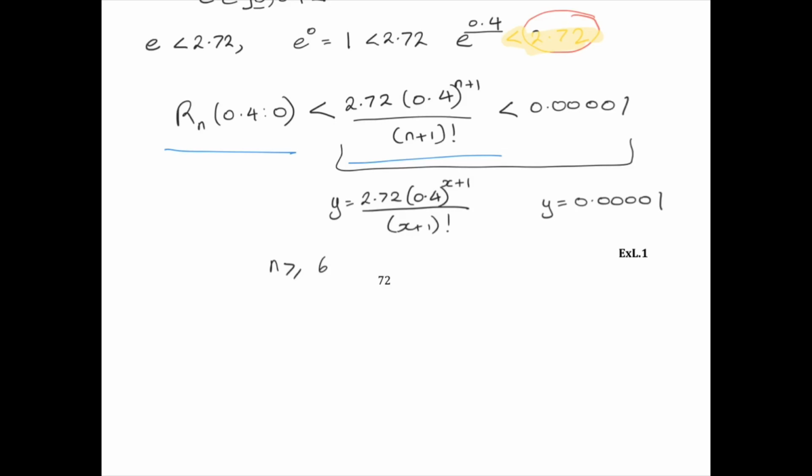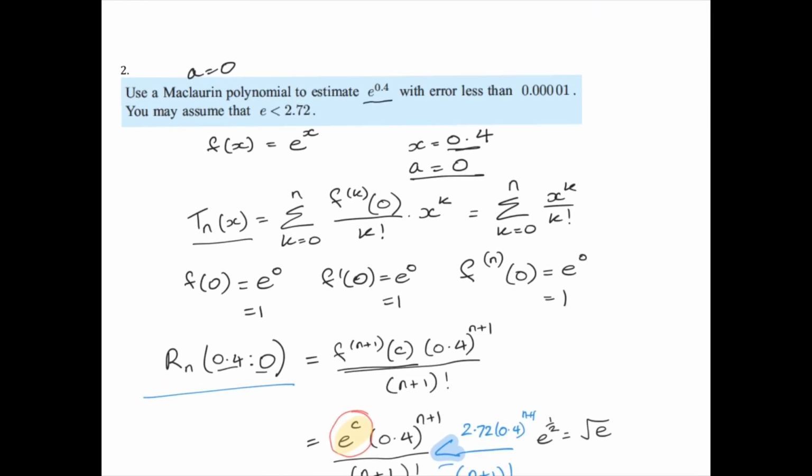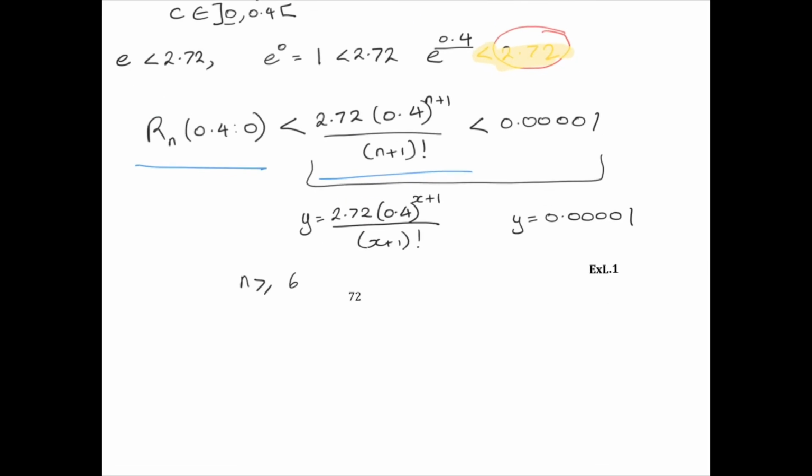So if that's the case, then we can finally use this Taylor polynomial, from k is 0 to 6. So we end up estimating e to the 0.4 as approximately the sum from k is 0 to 6 of 0.4 to the k over k factorial.